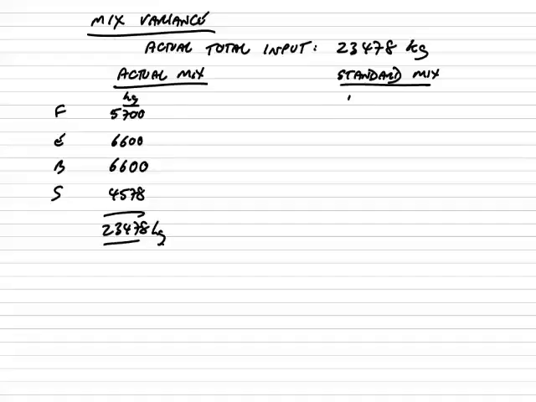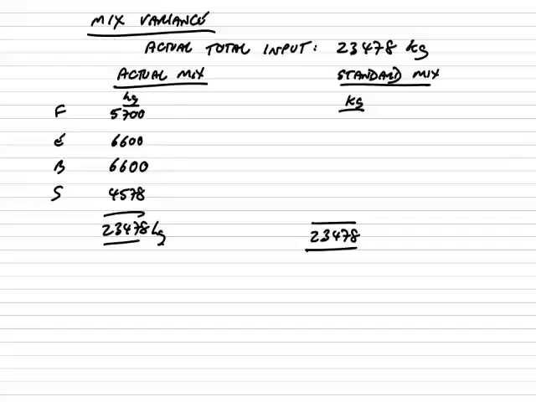How should we have mixed it? Well, for our total of 23,478, if you look at the standard cost card on the first page of the question, which I've lost, sorry, here it is. The total input on the cost card is 0.4 kilos, but for every 0.4 kilos, it should have been mixed equally. So understand what we're saying.